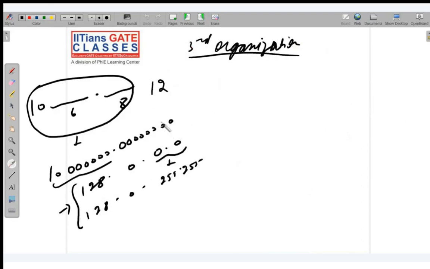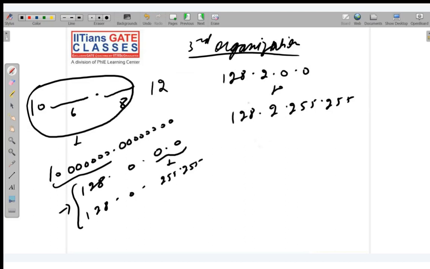What will you put here? After 128, here 1 and here 0. So what will you get here? 2. So what we are going to put: 128.2.0.0 to 128.2.255.255. Now it's okay.